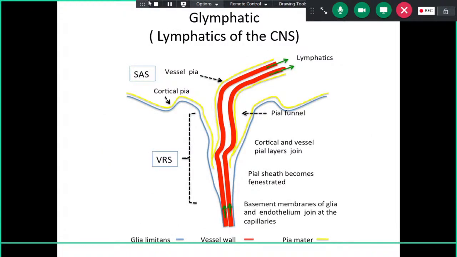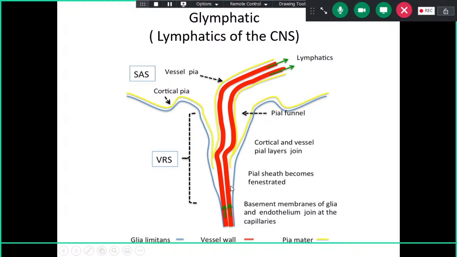A few years back, a rudimentary lymphatic system was discovered inside the CNS. What is this rudimentary lymphoid tissue, the lymphatics of the CNS? Once you realize that brain parenchyma produces a large number of different metabolic products as well as fluid, these are called interstitial fluid.